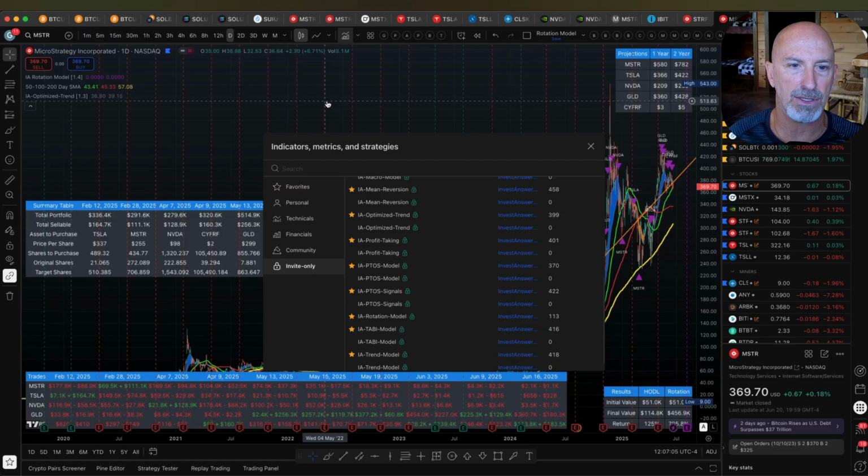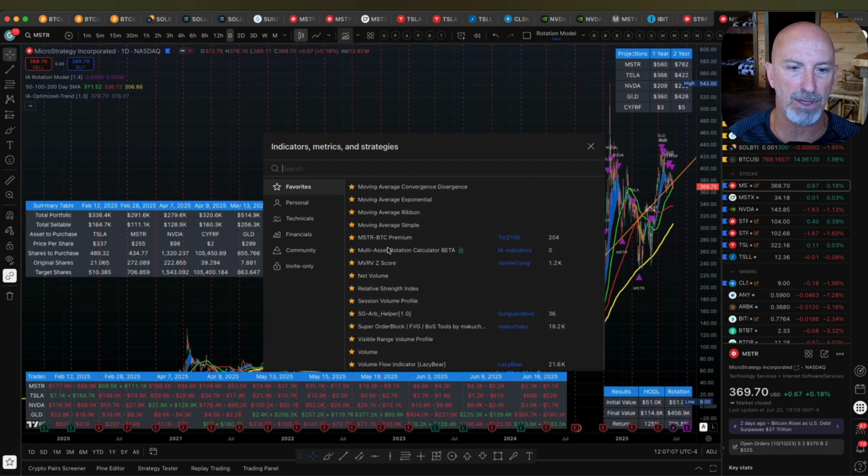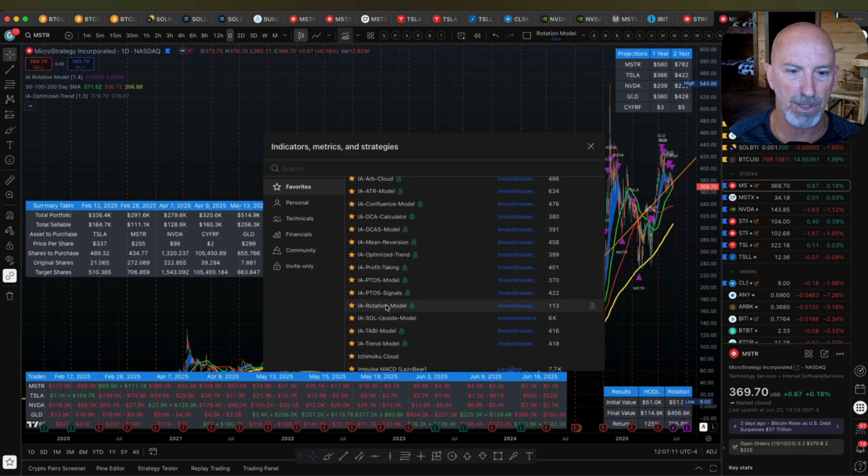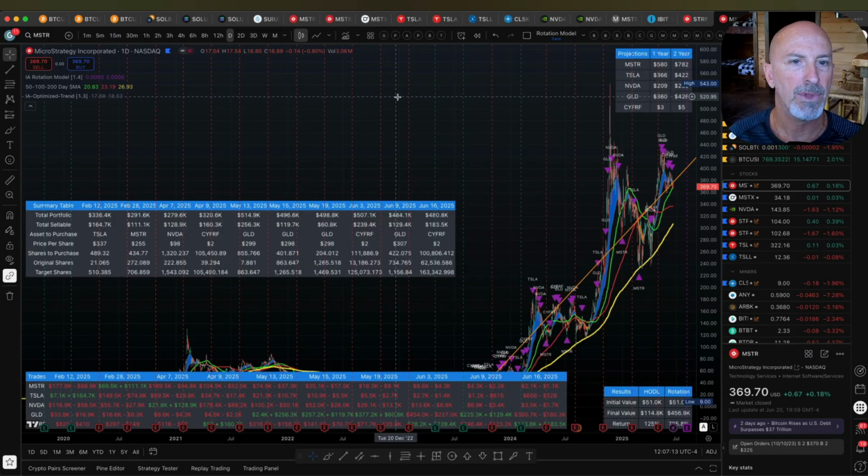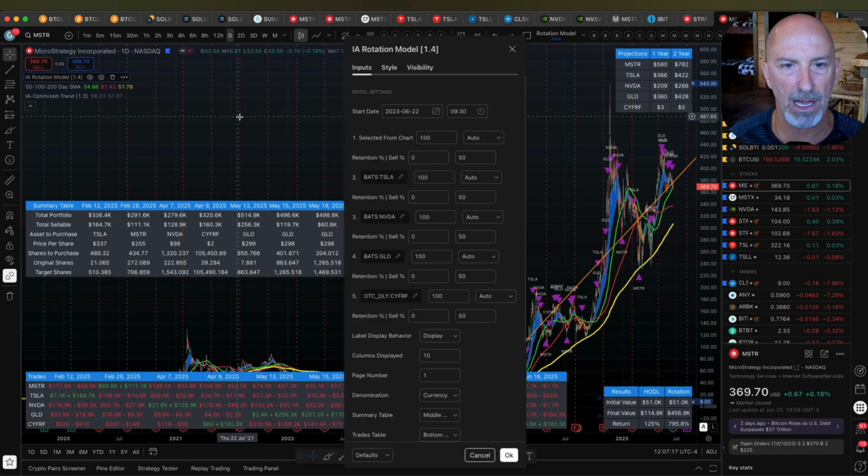That would add it to the chart. I also have it now under my favorites, and you'll see the IA rotation model is right here in the favorites, okay? And so that adds it onto the chart, and then we're going to go ahead and open it up right now. At the time I'm recording this, they're on version 1.4. So always make sure you're updated to the latest and greatest version of each of these.